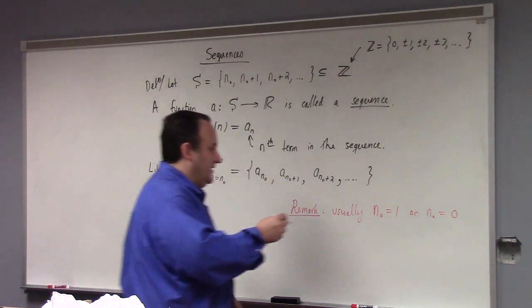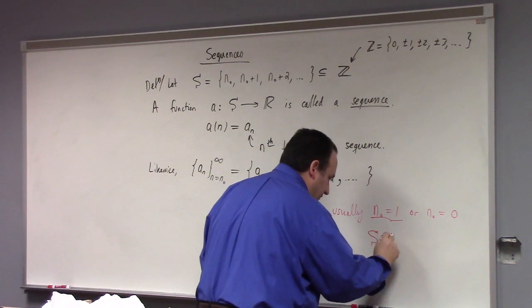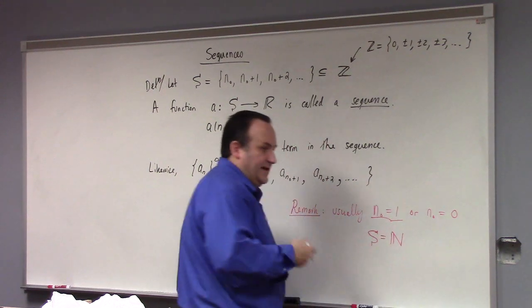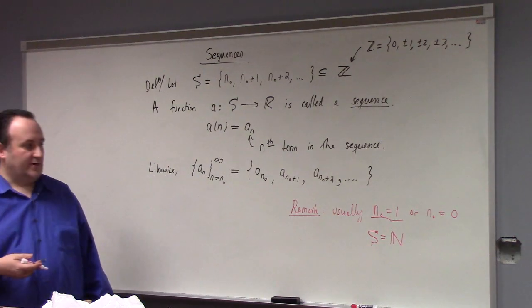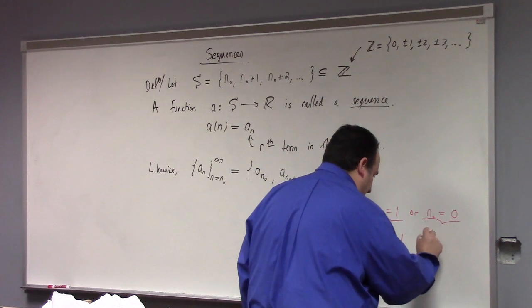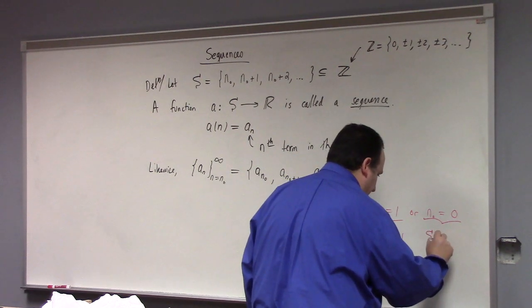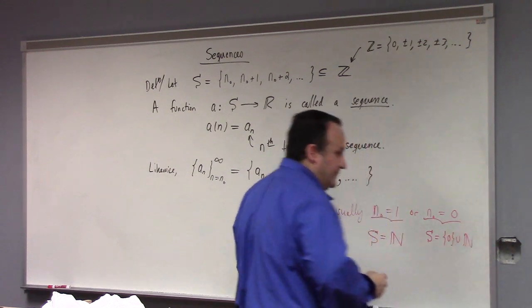Now, if we have n naught equal to 1, that makes this set S just the natural numbers. The natural numbers are 1, 2, 3, 4, like that, right? If we have n naught equal to 0, that would make my S, quote unquote, the natural number 0 unioned with the natural numbers, all right?